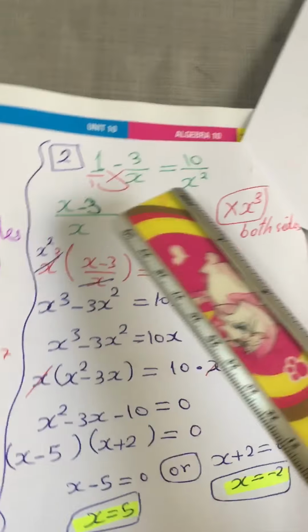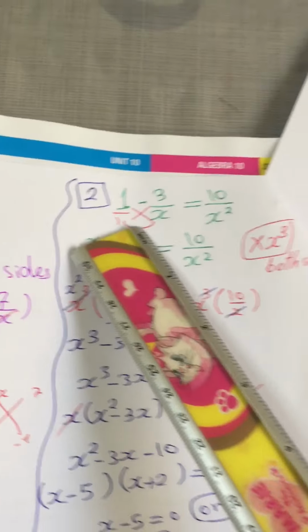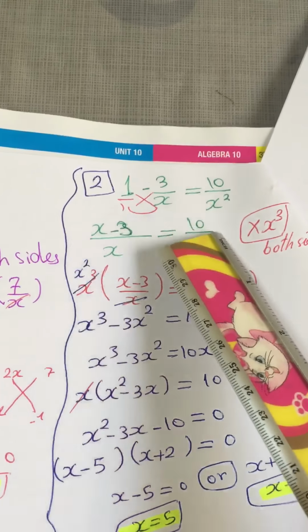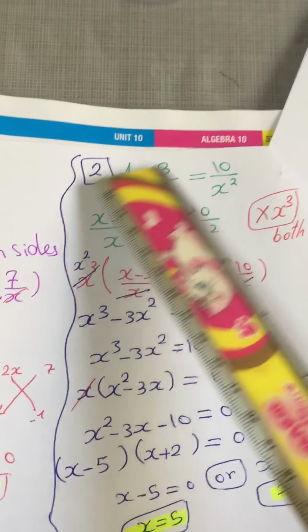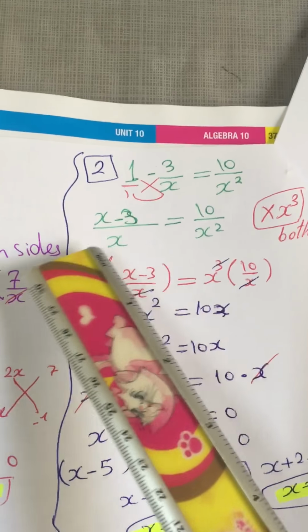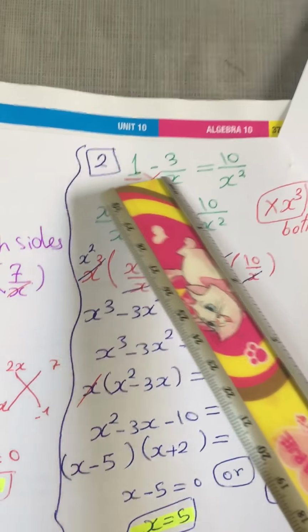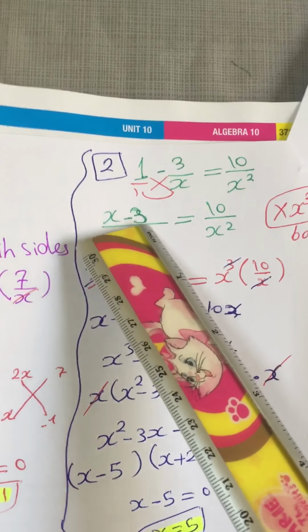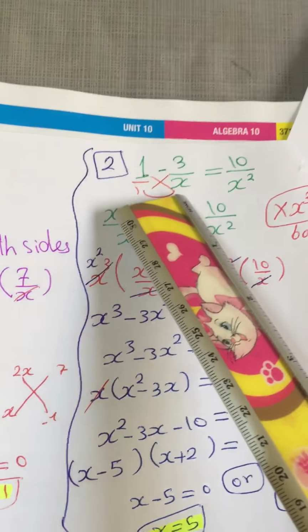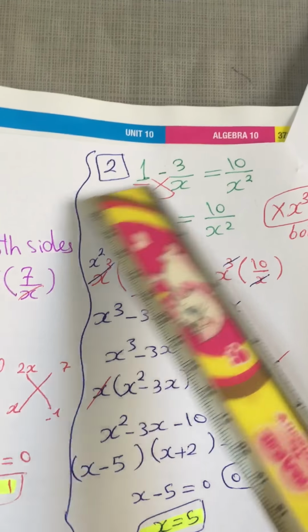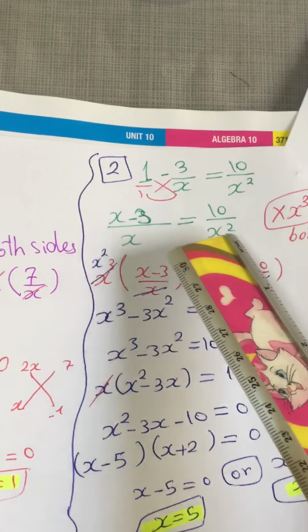But I prefer to work with the left side in the beginning and then use the equal sign. I'll make the cross because this one is over 1. So x times 1 equals x, and here 1 times x equals x, minus 3 times 1 equals 3. Follow the order from left to right, especially in subtraction. Equals 10 over x squared, the same.